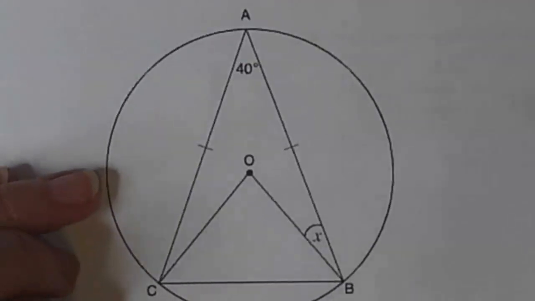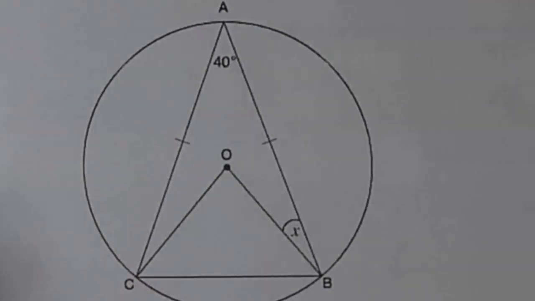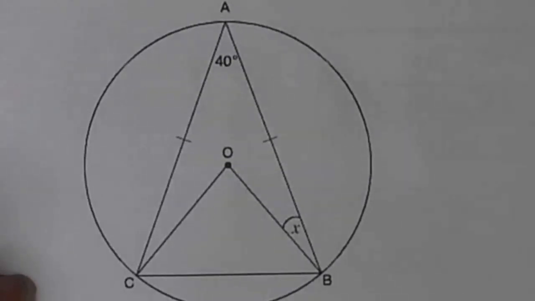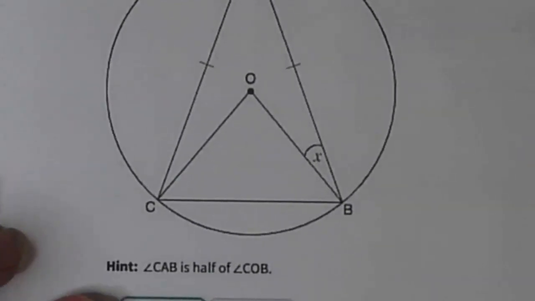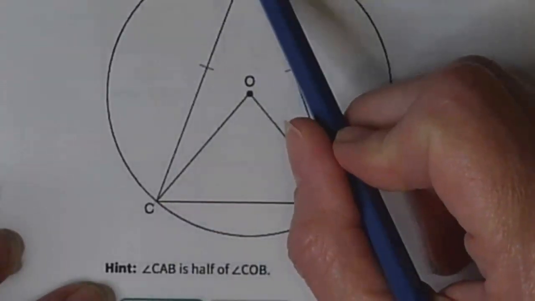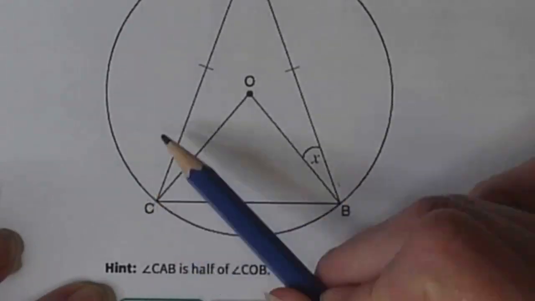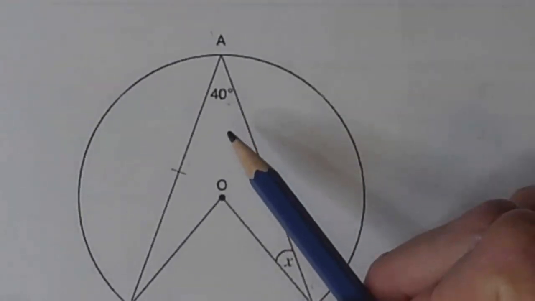Now this one was like, whoa. I started laughing when I saw this question. I was like, okay, what are they on about in here? Now, here's the tricky part of this, okay? Hint, C-A-B is half.